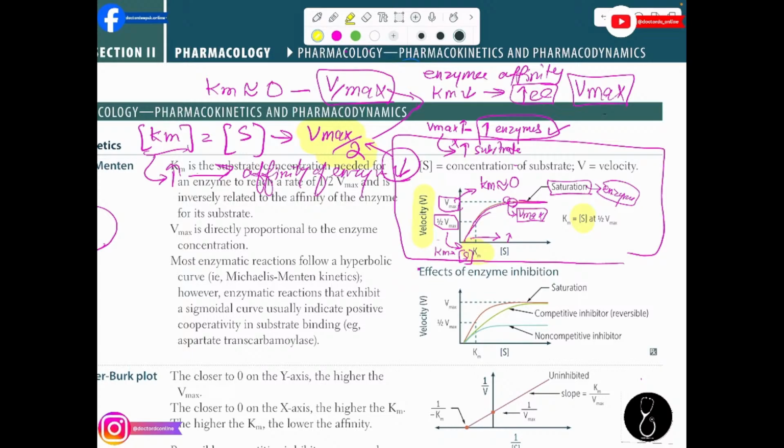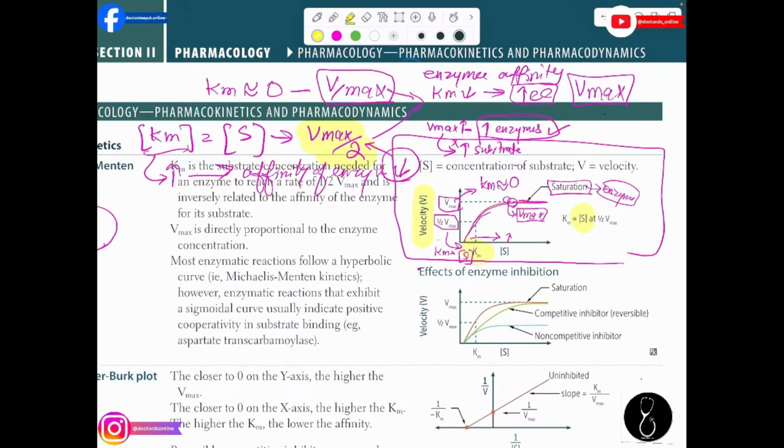I already told you guys, if you want to increase the Vmax, you have to increase the concentration of enzymes. Second, most enzymatic reactions follow a hyperbolic curve. I already showed you this curve.